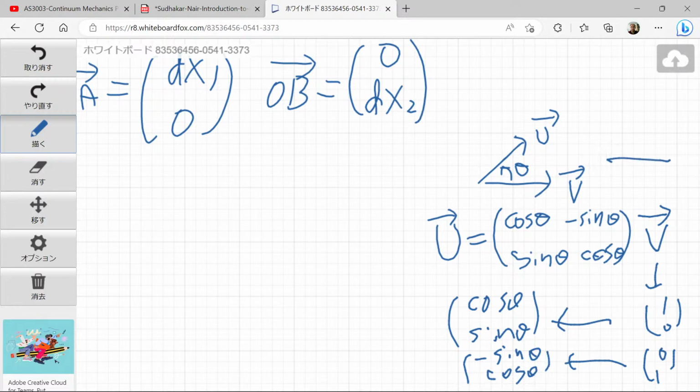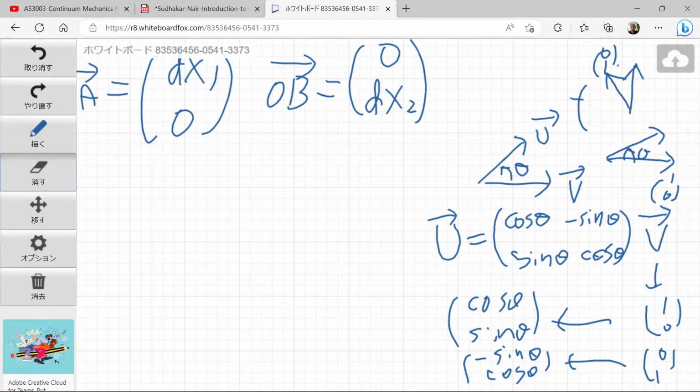So this means this one, 1, 0, goes to here. This is theta. If you have 0, 1, this goes to here. This is minus sine theta, cosine theta.